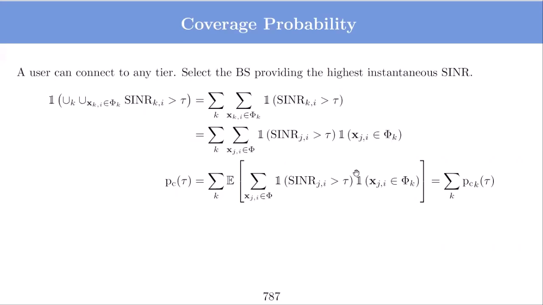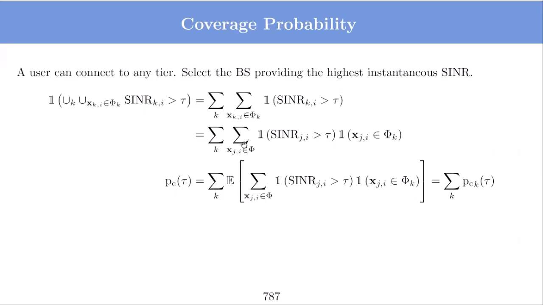It's just a different way to write this, and the reason I want to write it this way will be evident very soon. I want to use the Campbell-Mecke theorem, but for that you need to have the summation over the complete Φ. I want to convert this to probabilities, and this will be the probability of this one, or the expectation of this one.